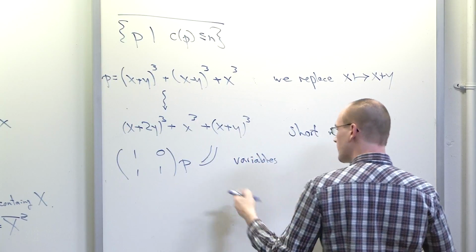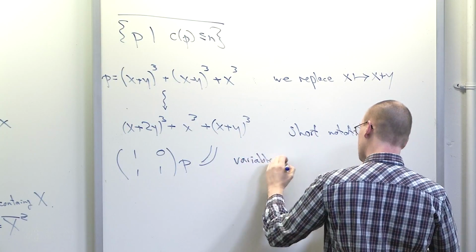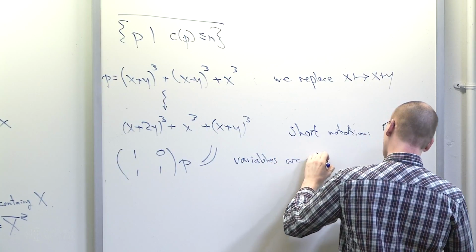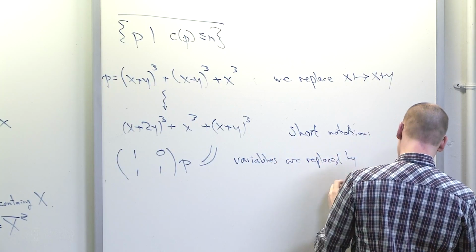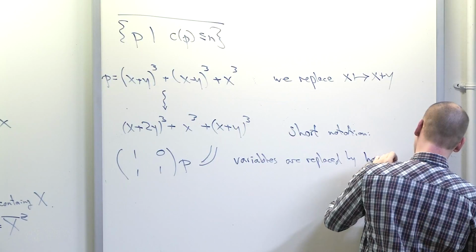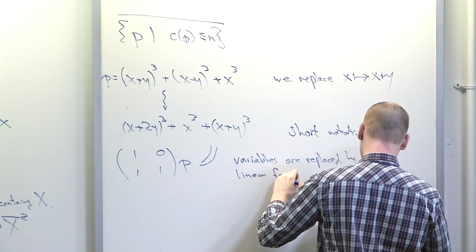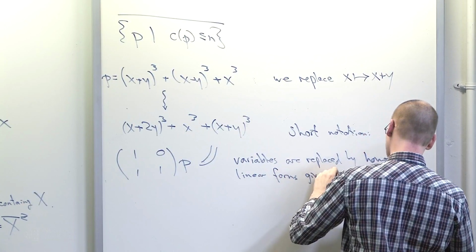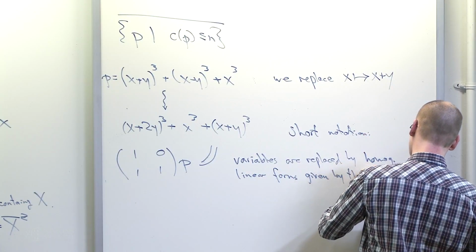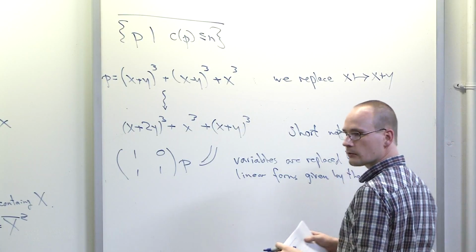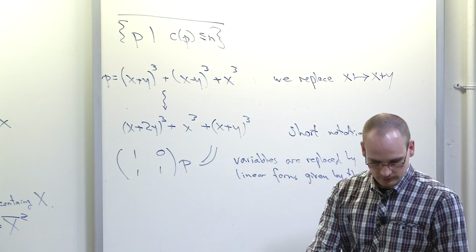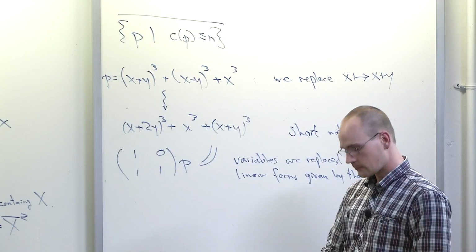Because if you do this, it has a nice property. I'll tell you in a second. So the variables are replaced by homogeneous linear forms given by the columns. Or you can just think of it as the composition of P with the matrix.